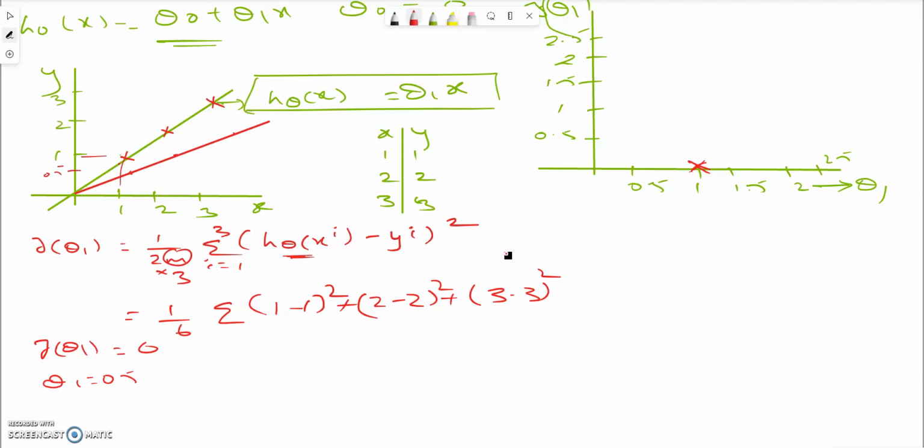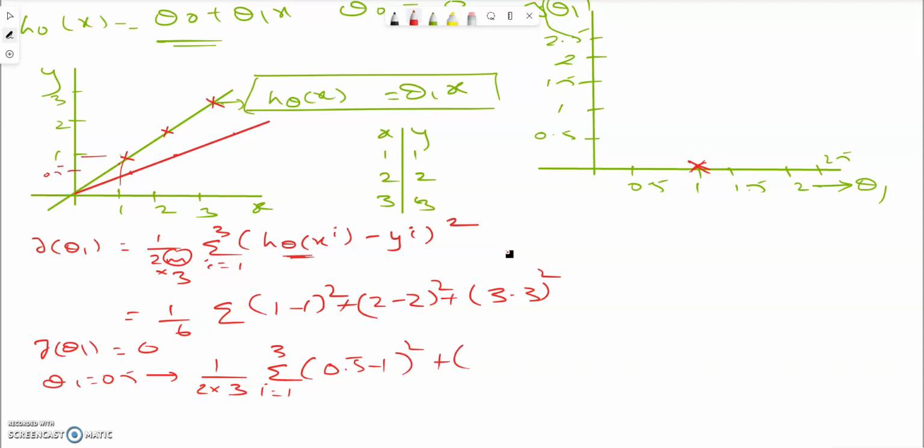So I want to use the same cost function here, 1 by 2 into 3, sigma i is equal to 1 to 3, and put this in the equation. Here the slope is 0.5, so 0.5 minus 1 whole square.